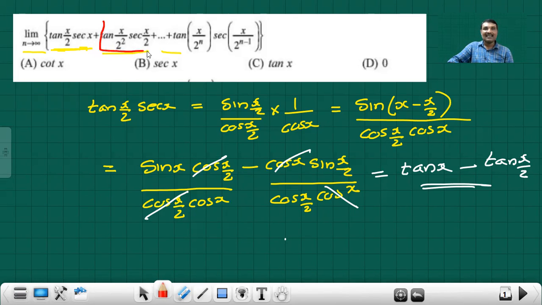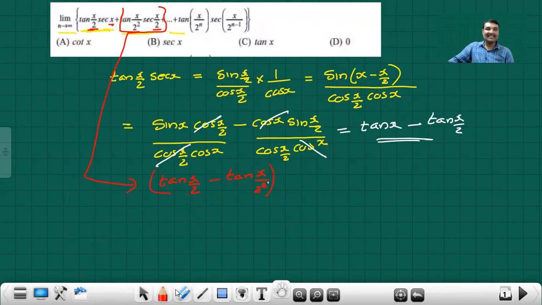Here the angle is x by 2 square, and here it is tan x by 2, so the angle is again divided by 2, with sec x and sec x by 2. So we can write this term as tan x by 2 minus tan x by 2 square, and so on.